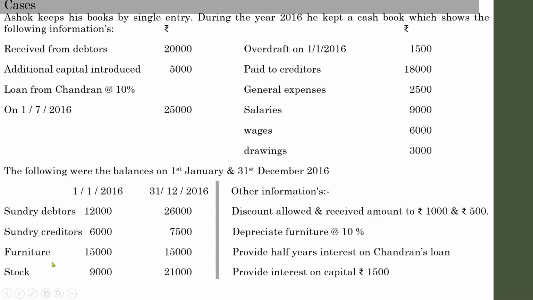And do we have to prepare an account for furniture? If there are any transactions with regard to furniture, you may have to prepare it, otherwise you need not prepare it. Stock, opening 9,000, closing 21,000. You may think that from the beginning I have been saying whenever opening and closing is given, you have to prepare an account. It is not like that.